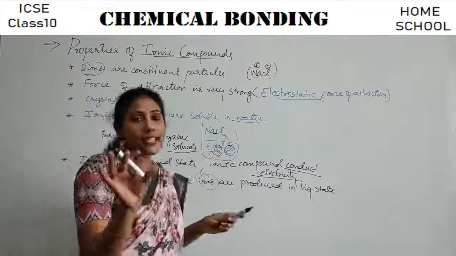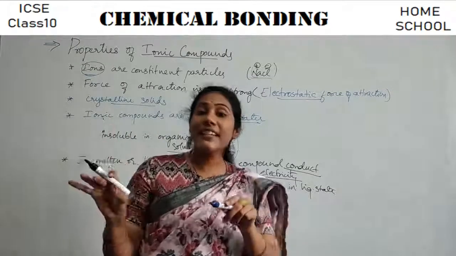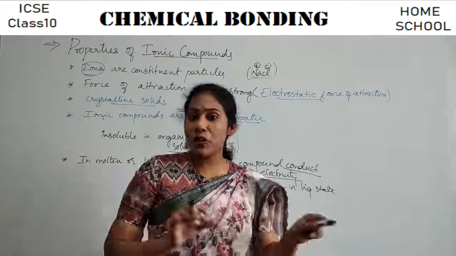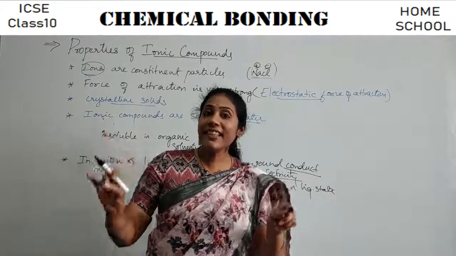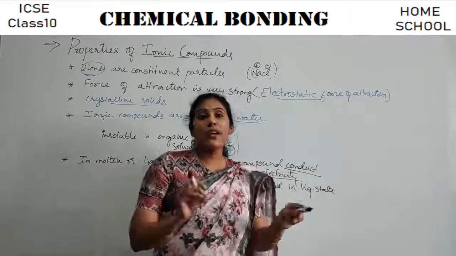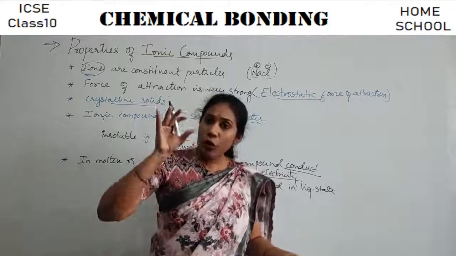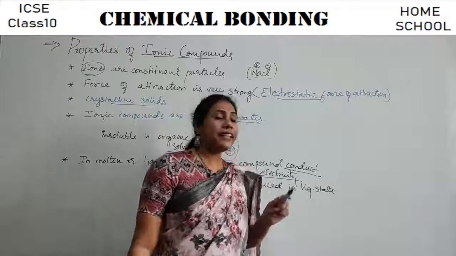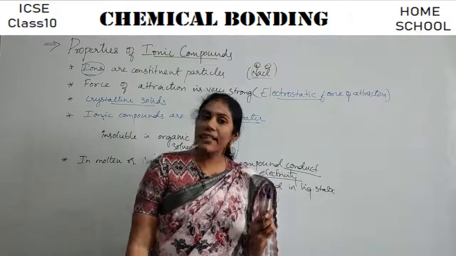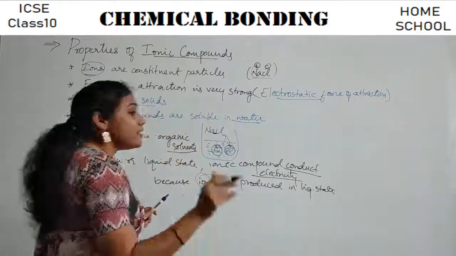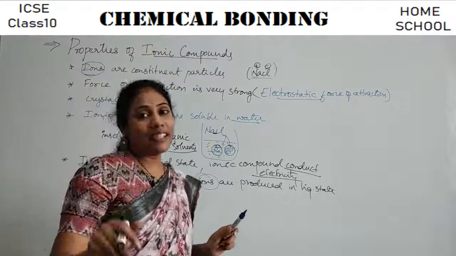Once ions are separated, only then can they move from one place to another, and only then can they conduct electricity. So only in a liquid or molten state can these ionic compounds conduct electricity. In solid state they will never conduct electricity.